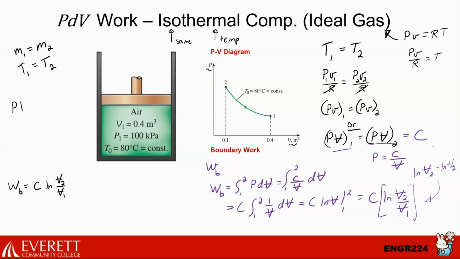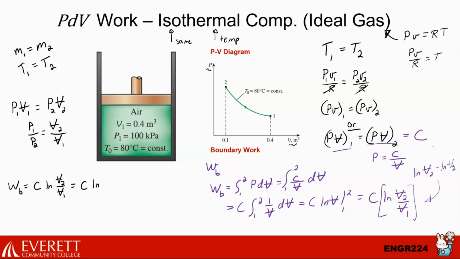Because we have this relationship of PV equals PV, if I move my P's to one side and my V's to one side, I can rewrite this relationship to also be natural log of the ratio of my pressures.